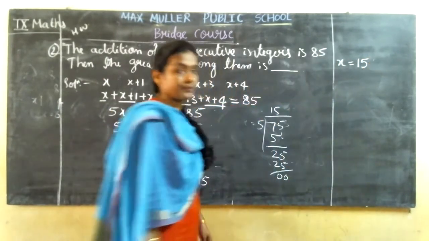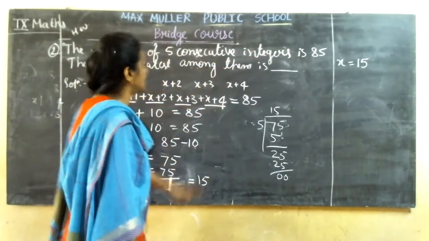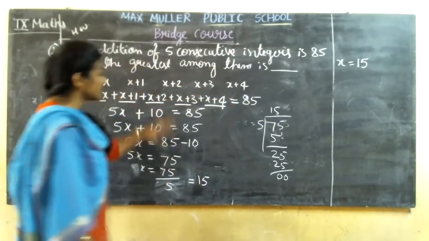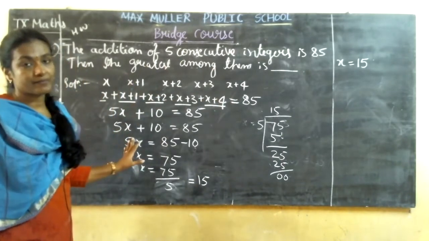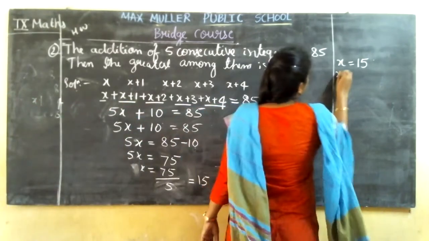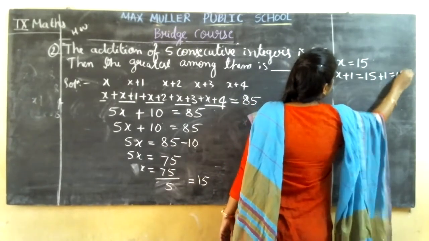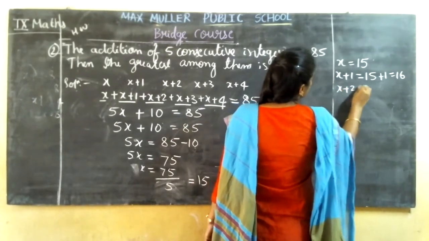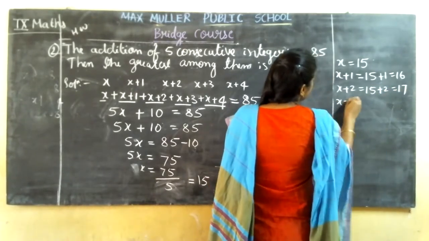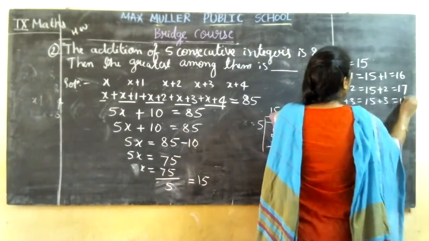What is the question here? The question is: the addition of 5 consecutive integers is 85, which I have done here. Then the greatest among them is... Which one is the greatest here? x is 15. Next, x plus 1 is 15 plus 1, that is 16. x plus 2 is 15 plus 2, that is 17. x plus 3 is 15 plus 3, that is 18, right?